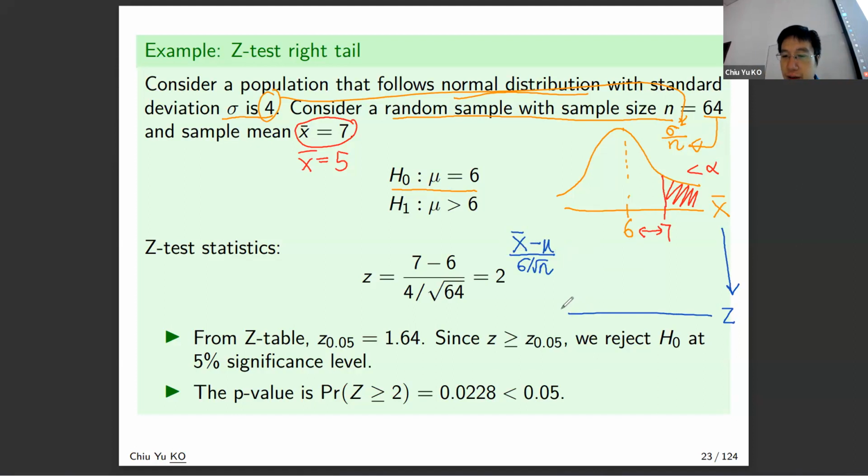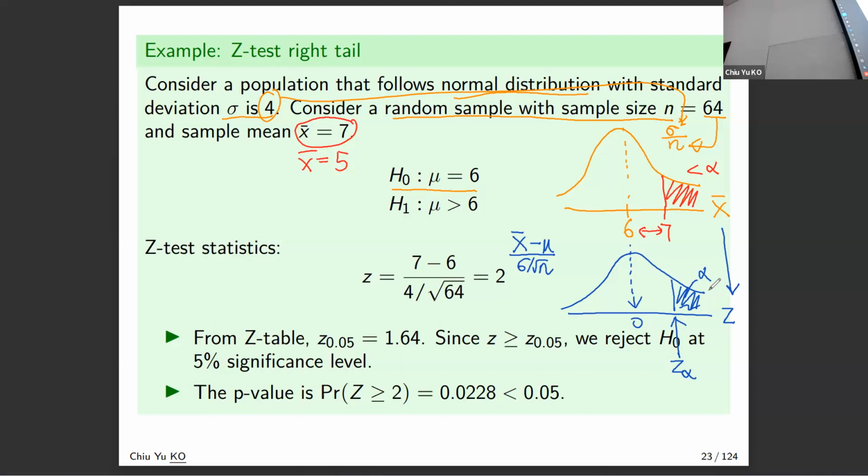And once you convert it, we know this 6 actually becomes 0. And if we want this alpha, this is just Z alpha. I want 5% here. Now, let's check, just to remind you what is changing from X bar to Z. It's asking how much 7 is above the mean, measured by the standard deviation.